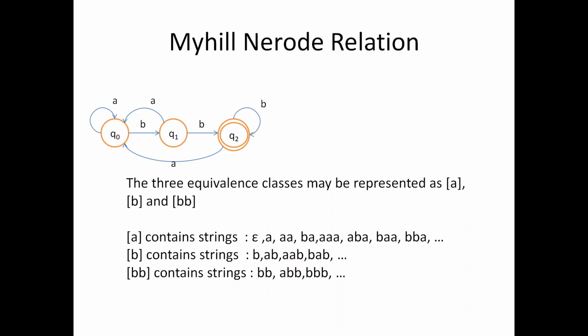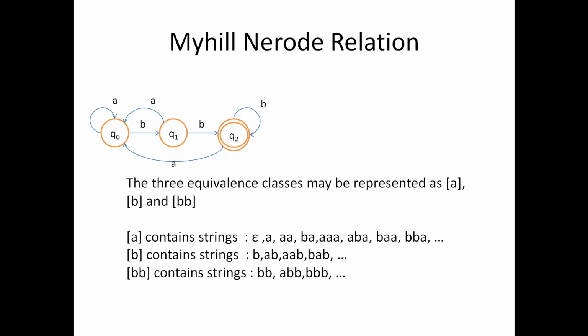Here Q0 is a state that denotes that we have to see BB to go to the final state. We have not seen anything that can be considered part of the last two symbols, which should be B followed by another B. Q1 represents a possibility that the last symbol that we have seen is B, and if the next symbol is B and there are no more symbols following it, then we should accept it.